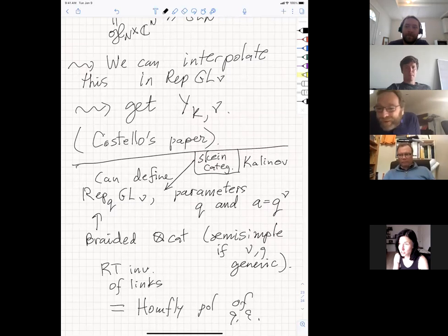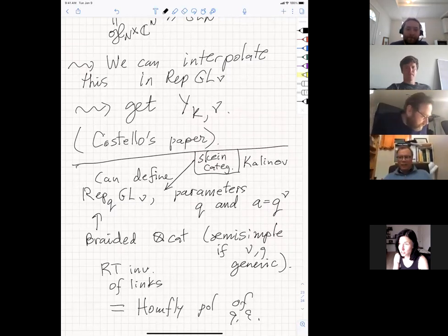Right, Kolya, is this correct? Yeah, that's a long story. Yes, it goes back to the 90s. Actually, Turaev, I think, gave a first example for the torus of such a category. Yes, it goes back to these people.